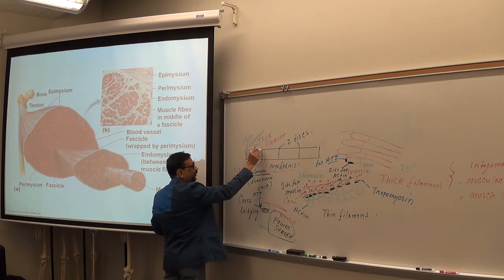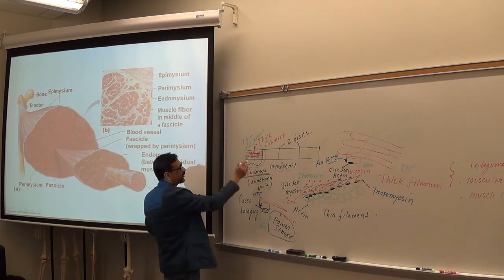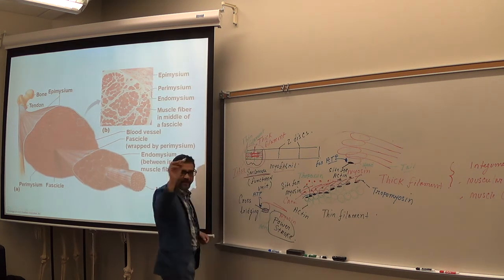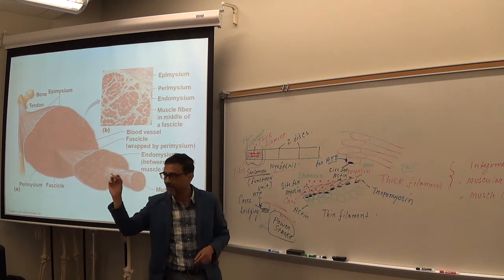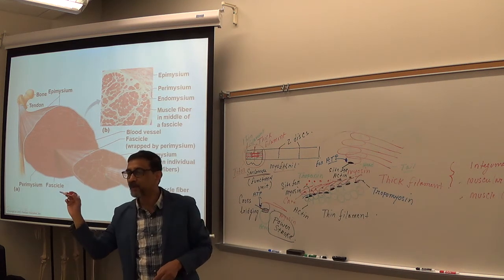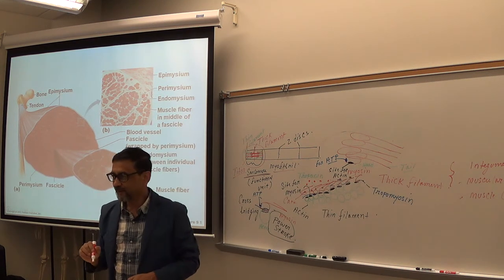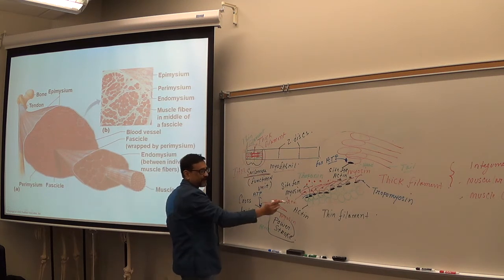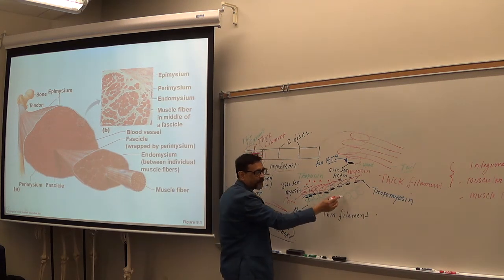Thin filament, one end is directly attached to the Z disc, right? The other end is free. Thick filaments, both ends are attached to the Z disc by spring-like structures, right? Protein springs called what? Titin. Okay? Now, a thin filament is formed by what?